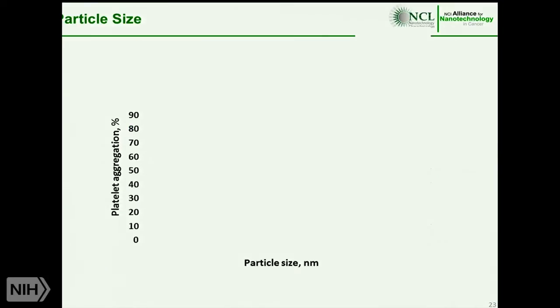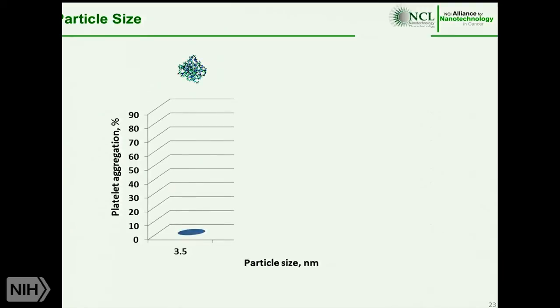Particle size is important. What I would like to show you on this slide is the relationship between nanoparticle size and reactivity for the cationic PAMAM dendrimers. A similar relationship exists for other types of particles, but all particles are different, and I'm just using one example.